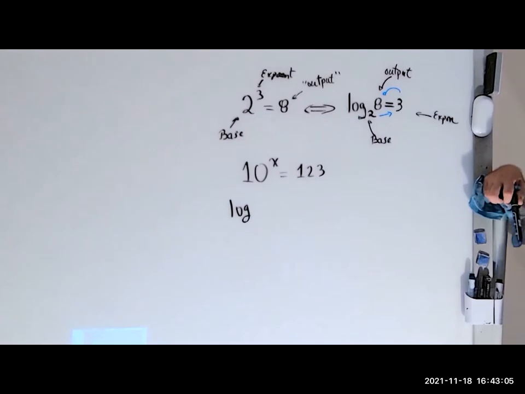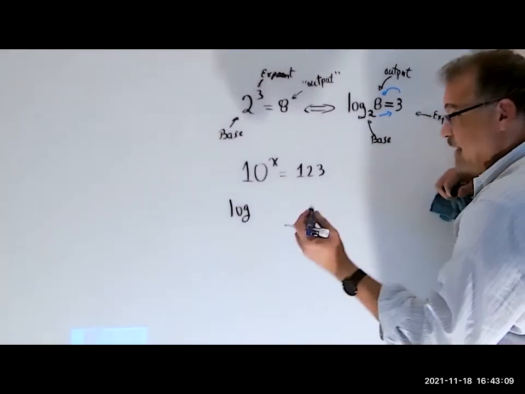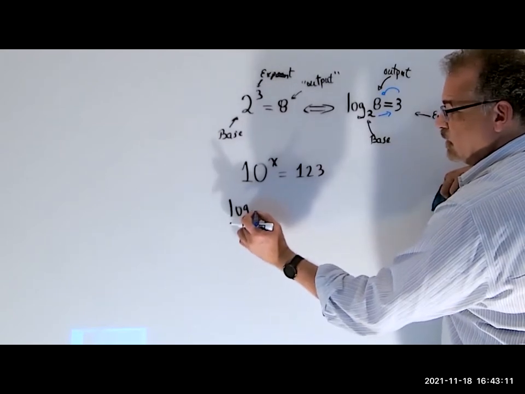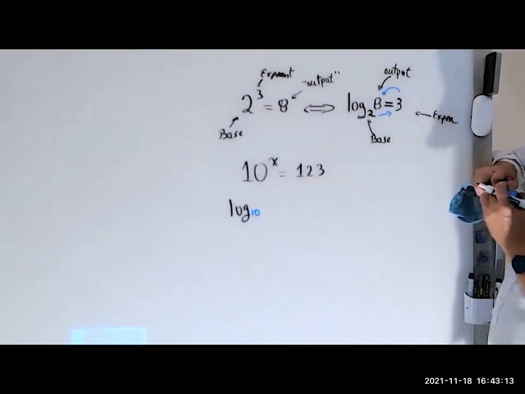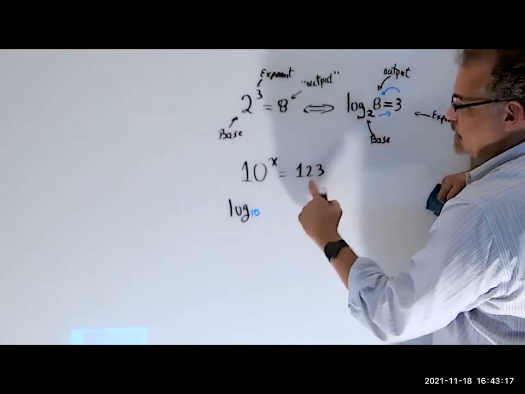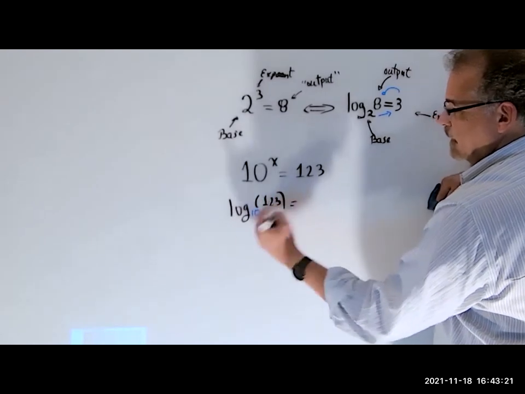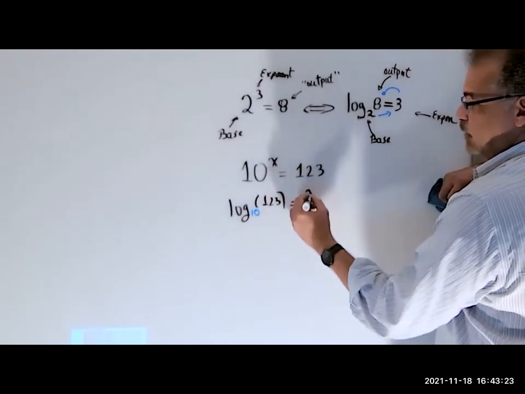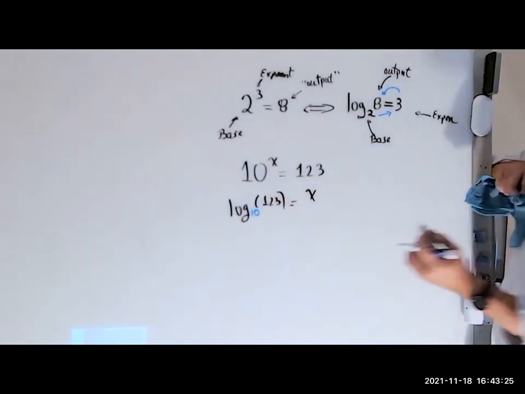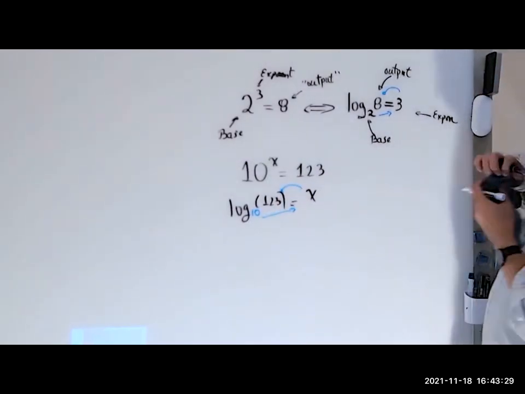So I'm going from exponential to log. As we know, log base 10 is your common log. I'm going to put 10 for now, just to verify. Then we put the output, which in this case is 123, and the log equals the exponent, which would be x. So if we check, it would be 10 to the x equals 123. That's exactly what we have.